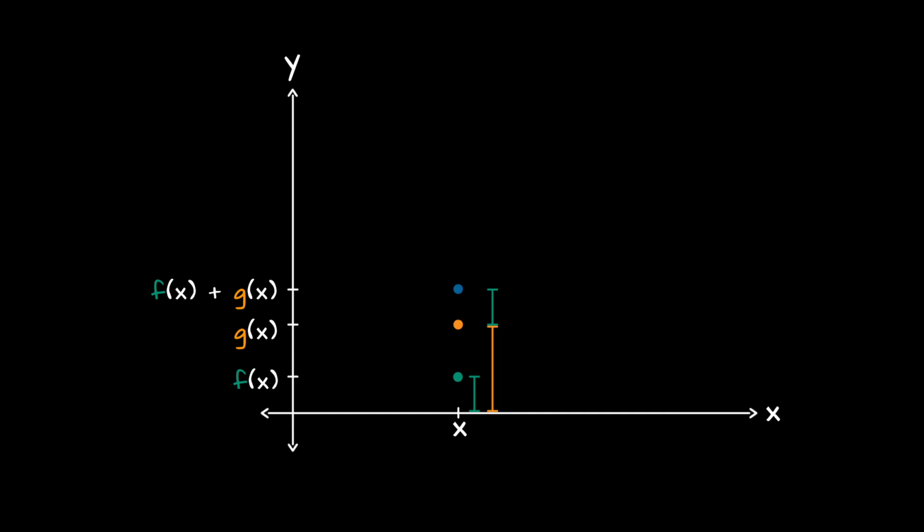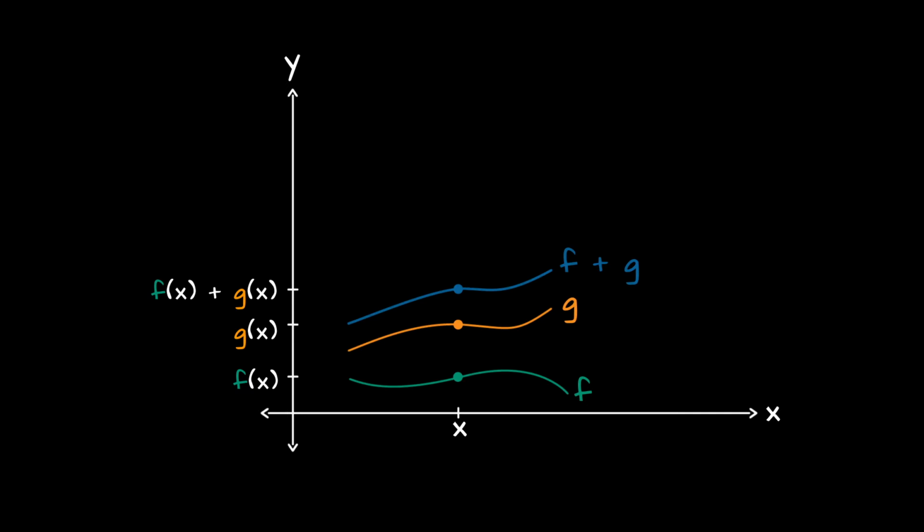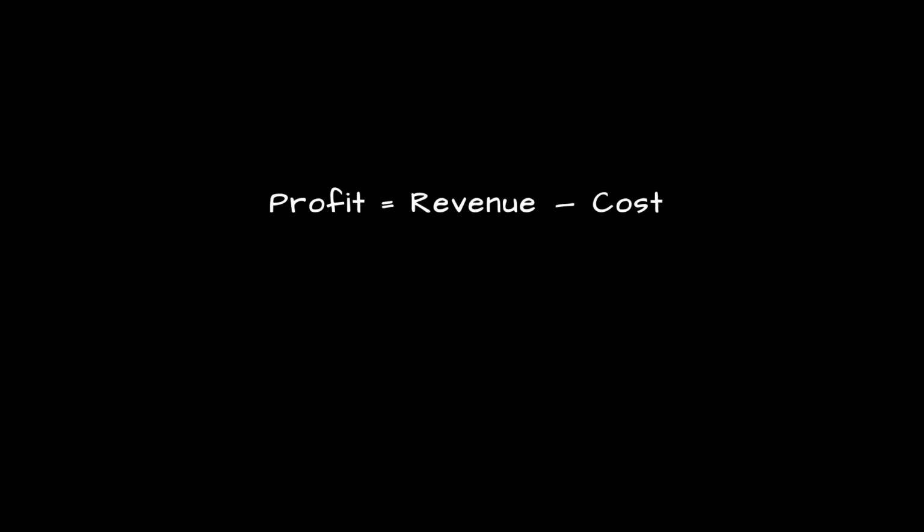And once again, the value of that new function is simply the sum of the values of f and of g at x. By doing this for each individual input common to the domains of f and g, we end up defining the function f plus g, the sum or the addition of the two functions f and g. So the operation of addition defined on real numbers naturally extends to real-valued functions.